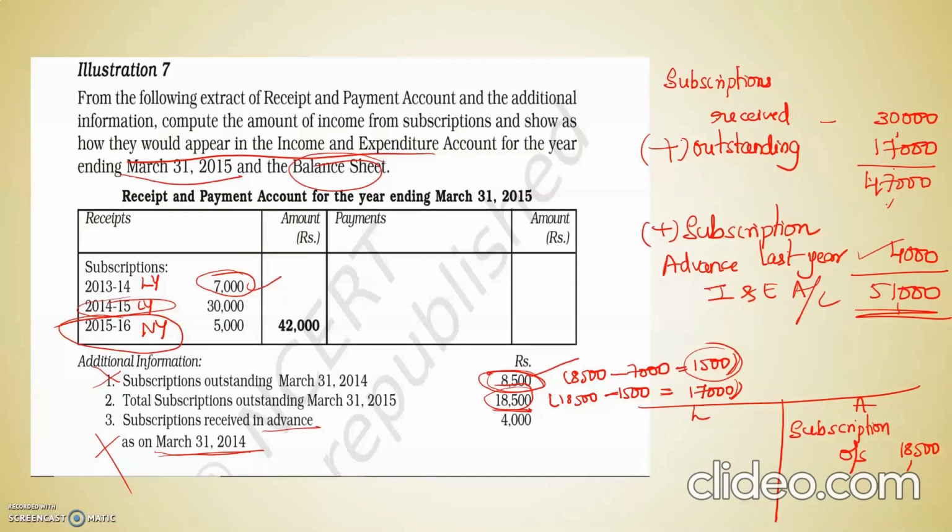Still it is our liability. So on the liability side we have to show subscription received in advance. How much? 5,000 rupees. So these two items will appear in the balance sheet. Hope it is more clear now.